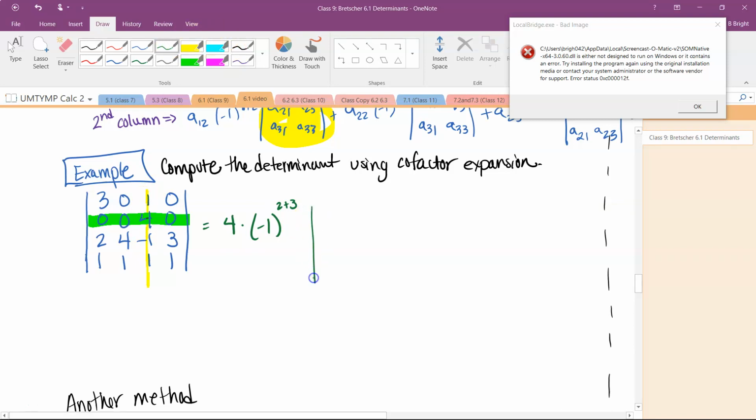So then I have to take the minor matrix 3, 0, 0, 2, 4, 3, 1, 1, 1, and this one again you can do cofactors for this, and I will, just to illustrate that.